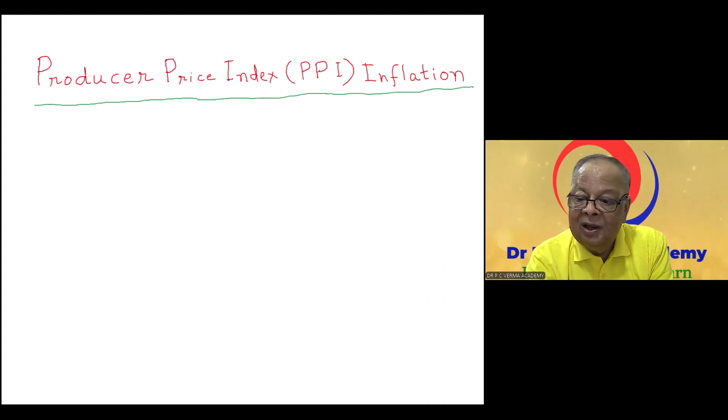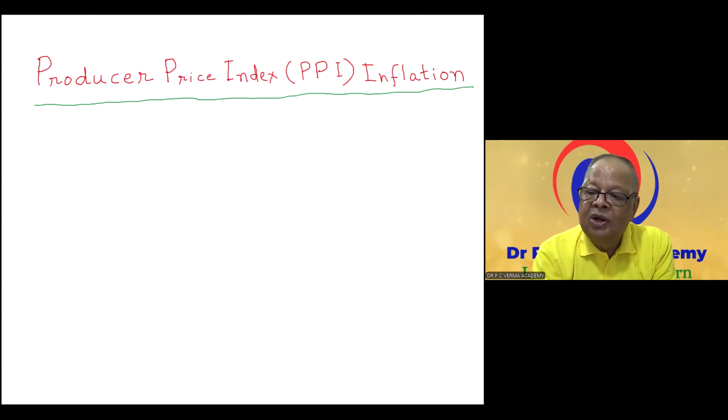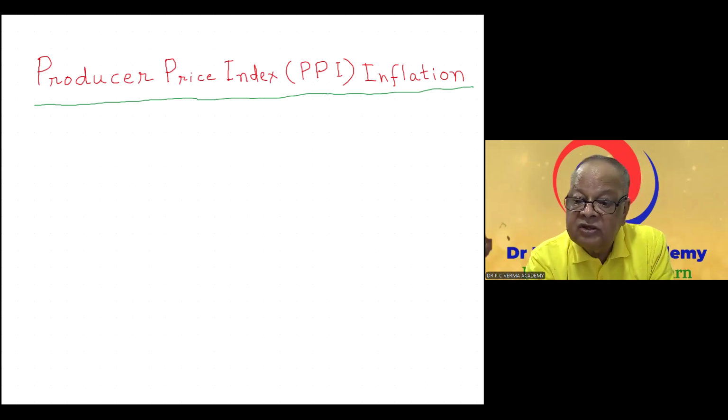Today, you are getting 60,000, 66,000, but you can't buy 20 grams of gold. This is called money supply inflation.